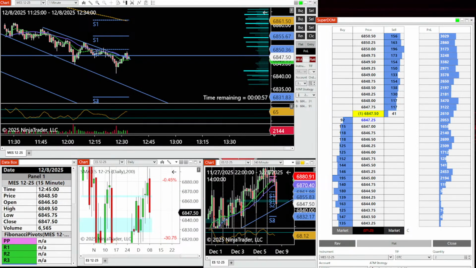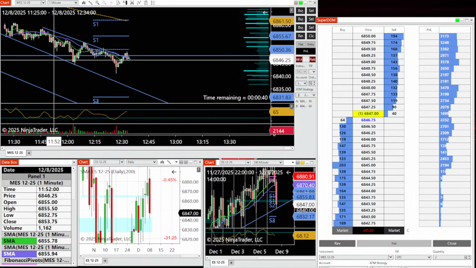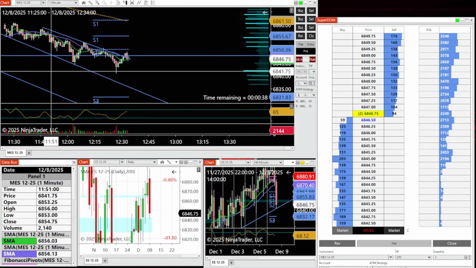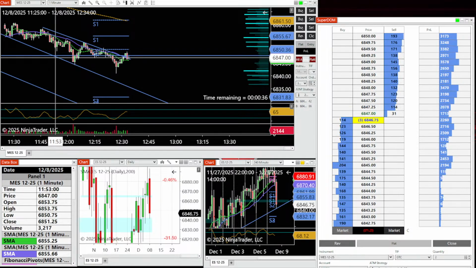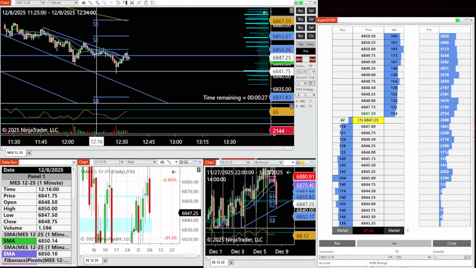48.50. Made low, bounced right back up. Made low, bounced right back up to 50.